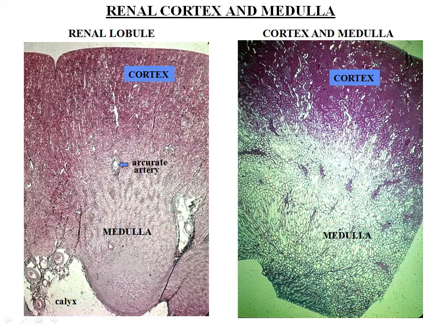As you go to the medulla, here you will see lining, or large tubules cut into the section. So many times a tube cut into the vertical plane you will see in this medulla portion. Those tubes are all collecting tubules and loops of Henle. Whereas in the cortex portion you will see a tube cut into the horizontal plane.